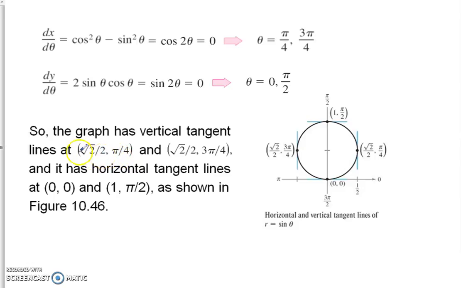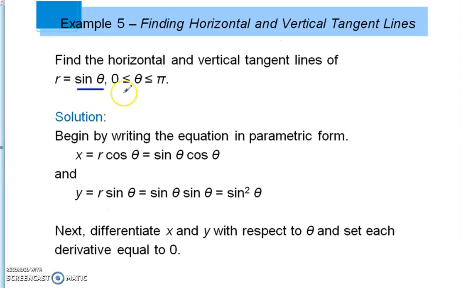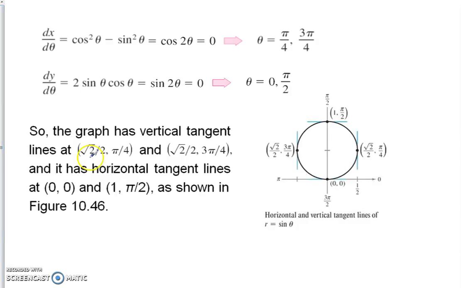My equation was right here, r equals sine theta, and so that's what those values are. The r value is square root of 2 over 2, theta is pi over 4, etc. That's where those come into play.